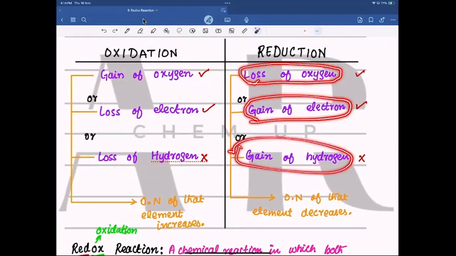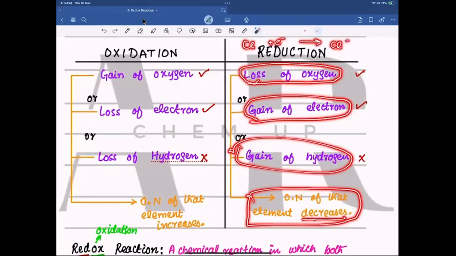And when any one of these occurs, the oxidation number of the element is going to decrease. For example, there is a chlorine atom. When it gains an electron, it becomes Cl negative. So here its oxidation number is 0, and here its oxidation number becomes -1. When we compare these two, I can say that the oxidation number is decreasing.